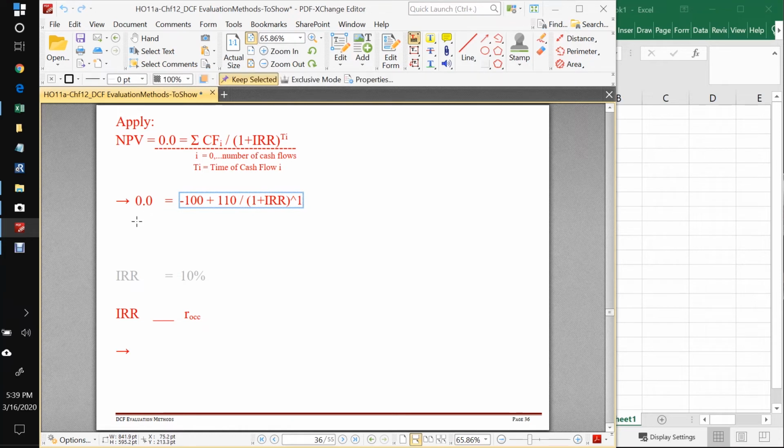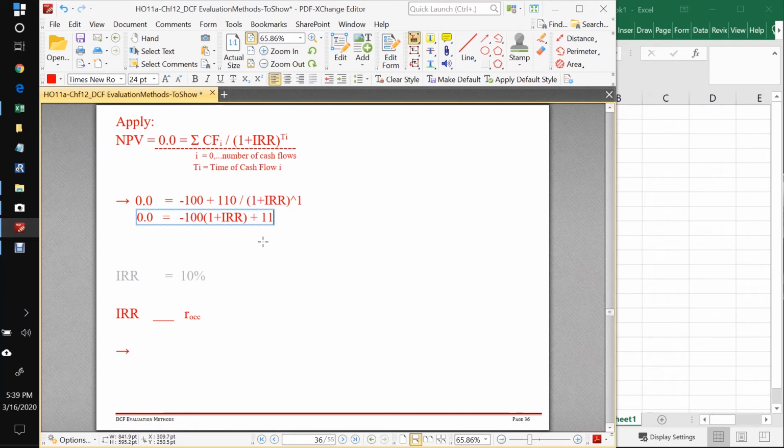And so that's going to lead us to 0 is equal to what here? 110 over 1 plus IRR. Let me just take another couple steps to do this. Minus 100 times 1 plus IRR plus 110.